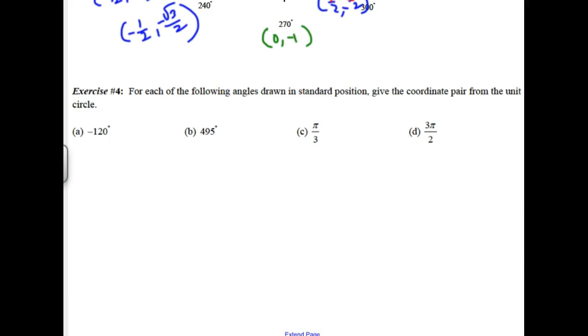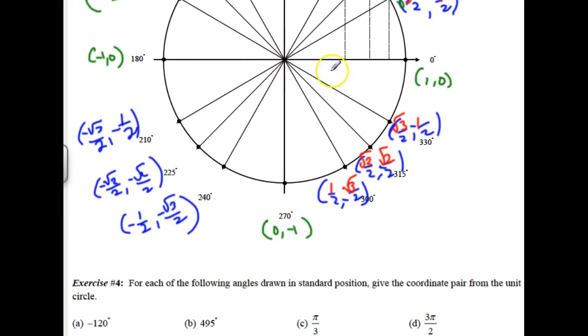It says, for each of the following angles, draw in standard position and give the coordinate pair on the unit circle. So it says an angle that is negative 120. Negative 120 degrees is the same thing as what? So you have to think about it. Negative means I'm going to go clockwise. Perfect.